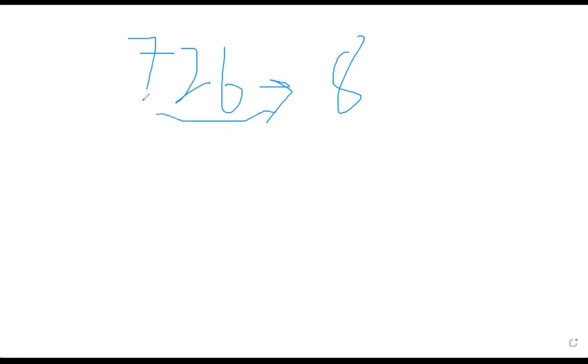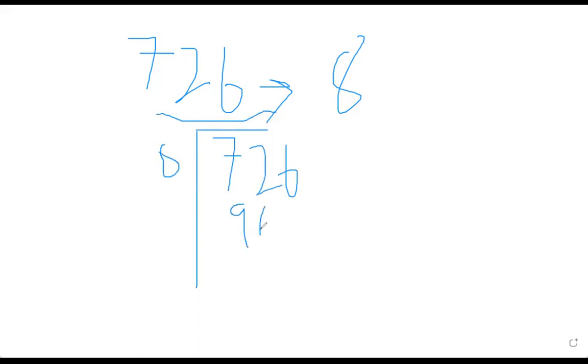For this 726 in base 10, you have to convert it into base 8. So you'll divide it by 8. You get 90 as quotient, since 90 into 8 is 720, and you get 6 as the remainder. Now again divide 90 by 8. 8 into 11 is 88, then the remainder is 2.